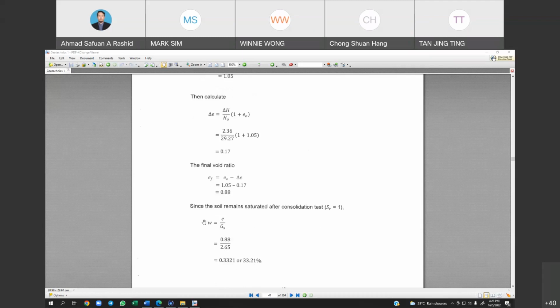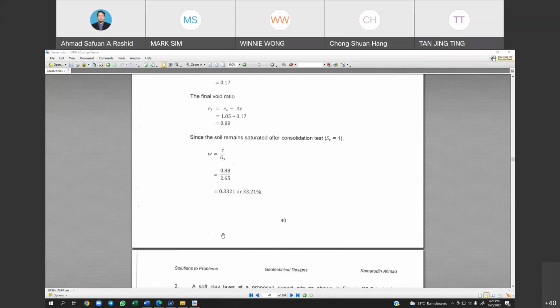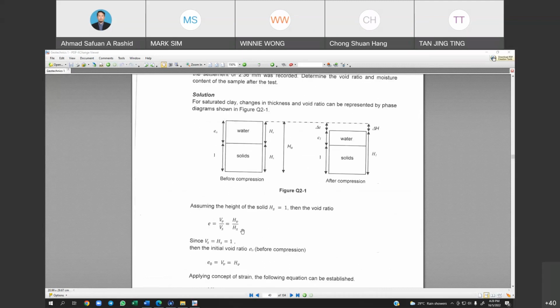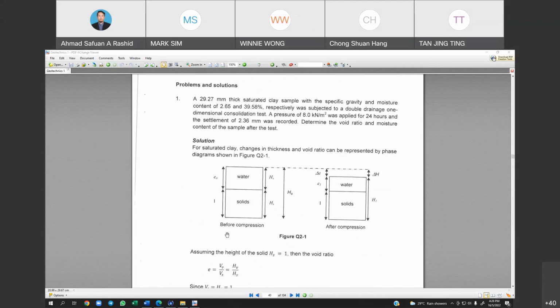So that is for the moisture content value, and also the void ratio determination.